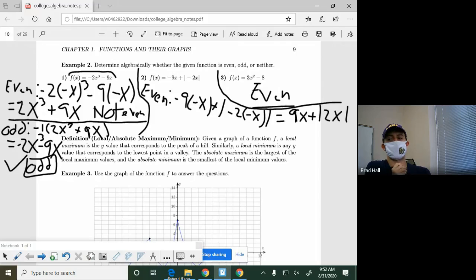So we ask ourselves, is that simplified form equal to the original function from the beginning of the problem? Now, it's got a 9x. The original problem had a -9x. That already throws it off. So let's keep going.